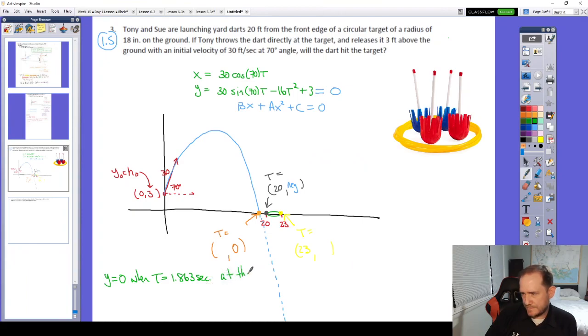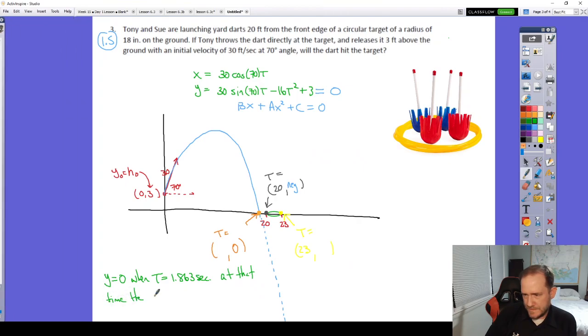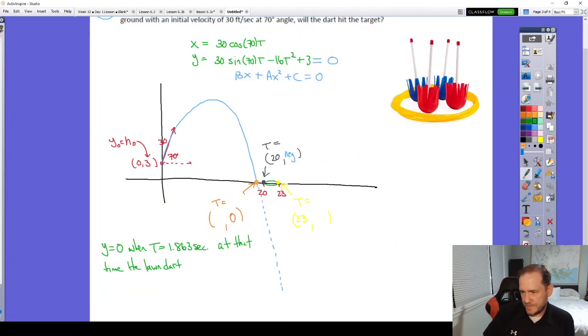At that time, the lawn dart, the super dangerous, murderous lawn dart, has only gone 19.111 feet, shy of the 20-foot target. Sad face.